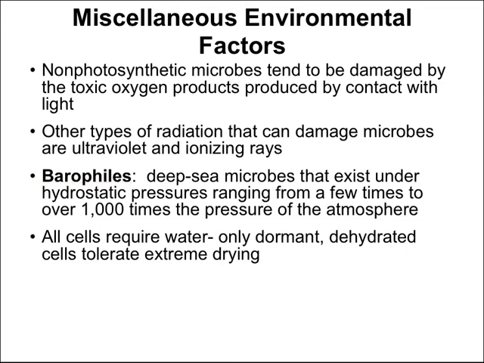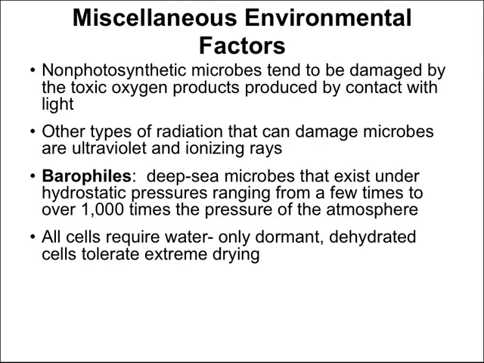Another component of the environment we might consider is pressure. Some organisms can handle very extreme pressure. Some deep sea microbes exist under hydrostatic pressures ranging from a few times to over 1,000 times the pressure of the atmosphere. Naturally, if we brought them up to the surface of the ocean, their membranes would lyse and they would explode.